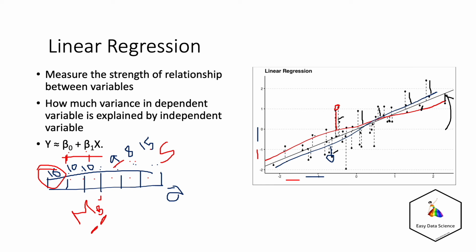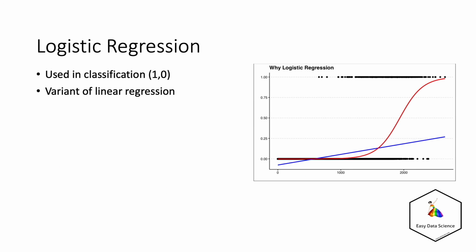So let's say you have drawn multiple lines and you found one line which has the least amount of error, that is, the sum of the distance of these points from this line is the least, and that is the most optimum line, and that is the one that is used in the actual equation. We will see how it is done in the walkthrough video.